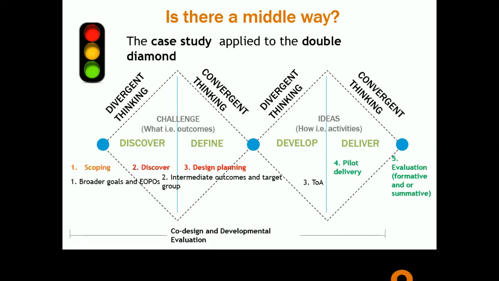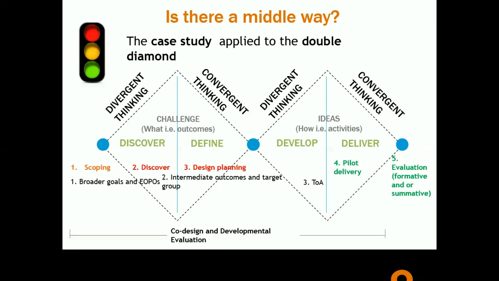So that first stage, which was scoping, I think we did okay. There's a couple of questions around that and how that fits into the double diamond design methodology. The discover and design planning phases, so right through the discover, define and develop phases, I think we missed a couple of things there in terms of human-centered design.